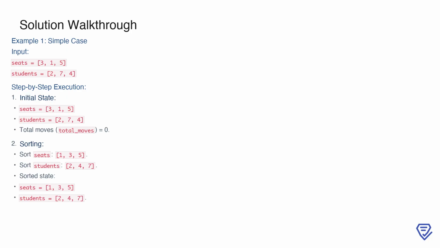The first step is to sort both arrays. By sorting, we get seats equals [1, 3, 5], and students equals [2, 4, 7]. Sorting ensures that we can pair the smallest available seat with the closest student, minimizing the overall movement. Now, with both arrays sorted, we're ready to calculate the total moves step by step.